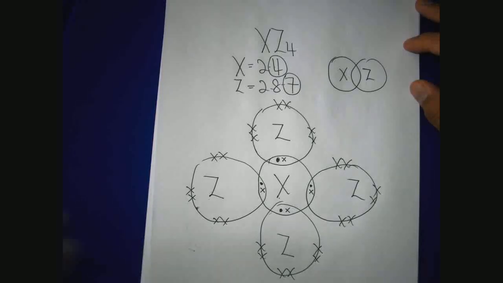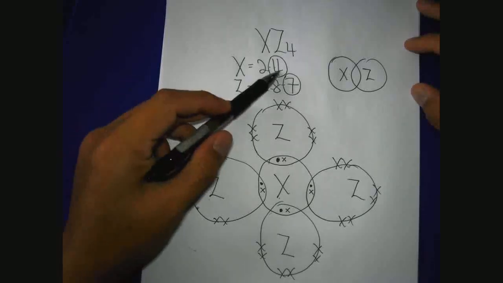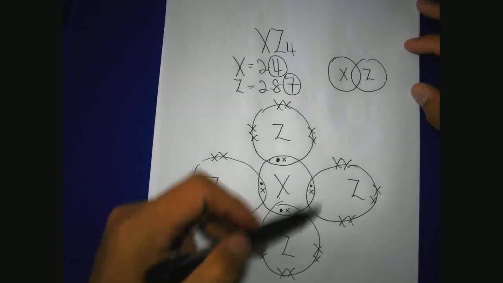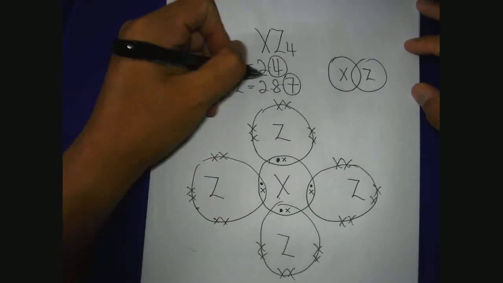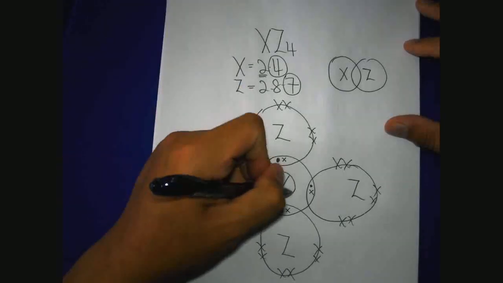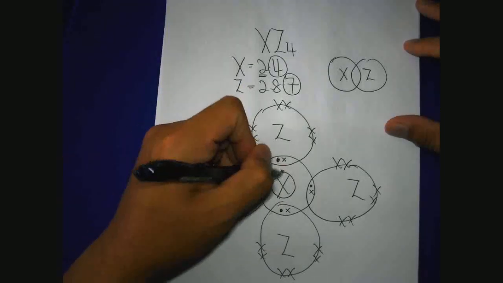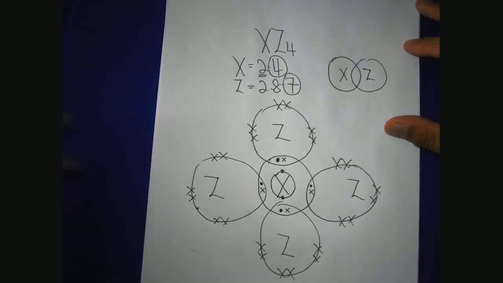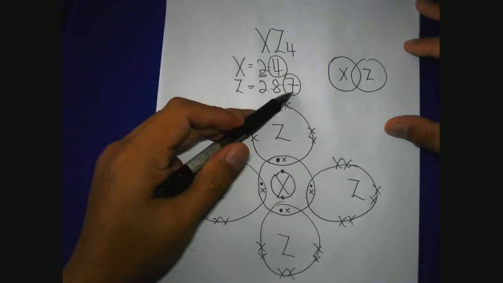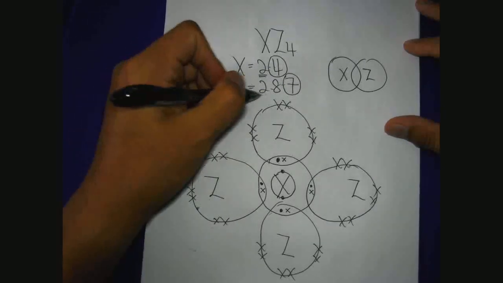Okay? So after everything is complete, after stable, please do not forget to draw the inner shell. You're not done yet, because the X by right should be 2 and 4. There should be 2 circles. We only drew the outer circle. So there's one more circle inside. So this is 2. So you draw a small circle, and then you put 2 electrons inside here. For the Z, you have 3 shells. 2, 8, 7. So you have 2 more circles inside.